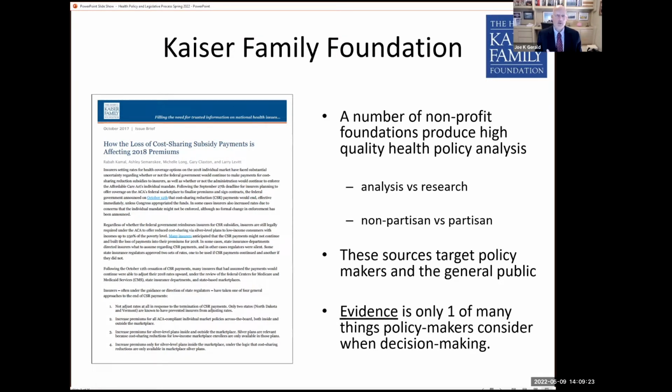And so a partisan source is a source that has a clear conflict of interest. That institution or organization is producing materials that are intended to steer policymakers in a specific direction that will lead to their own self-interest and not necessarily the greater or common good.